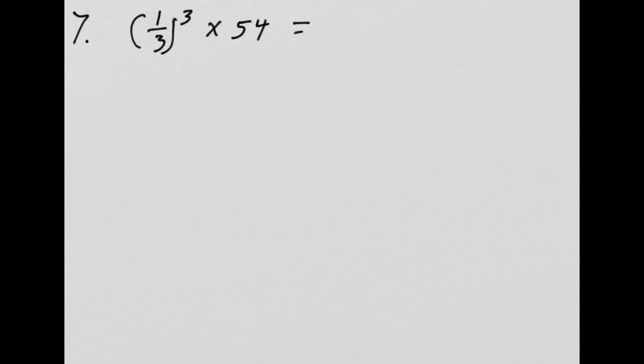Order of operations, I'll start with the 1/3, which will become 1/27 times 54, and I'll put that over 1. So I'll write that whole number as a fraction. Then if you wanted to write them over each other, you could. 54 over 27 when we multiply across, and that equals 2.